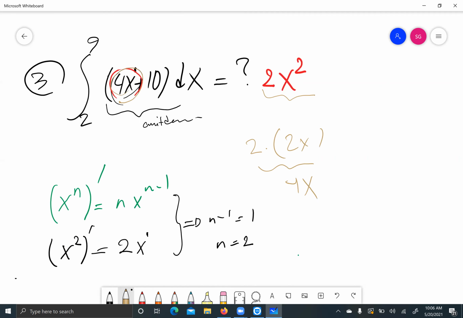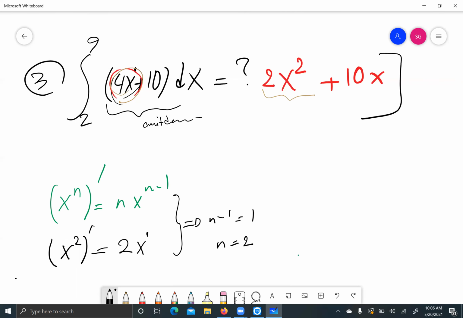So now this is correct. And finally, for 10, it was 10x, because the derivative of 10x is 10. That's it.